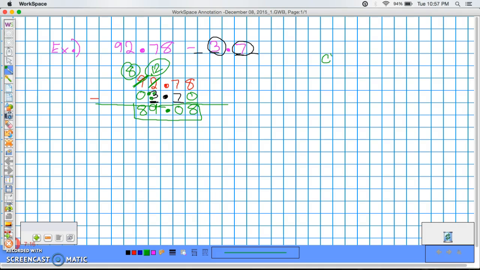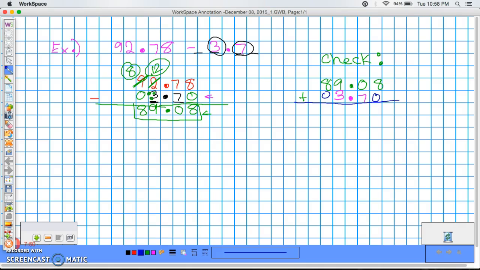Now it's time to check our work. Be sure that we did this correct. Again, the opposite of subtraction is addition. So then we're going to get our difference, 89 and 8 hundredths, plus our number here, 3 and 7 tenths. So I have a 3 in the ones place. Now again, fill in your empty spaces with zeros.